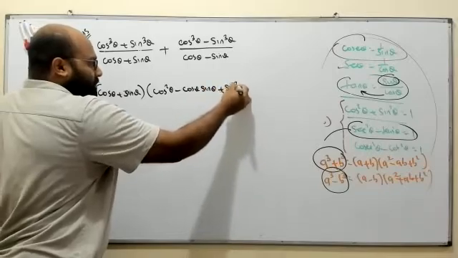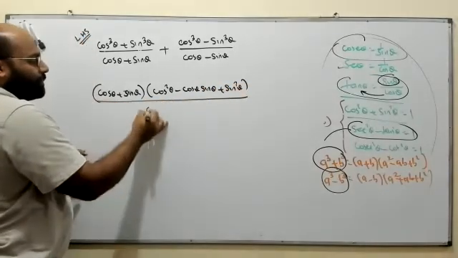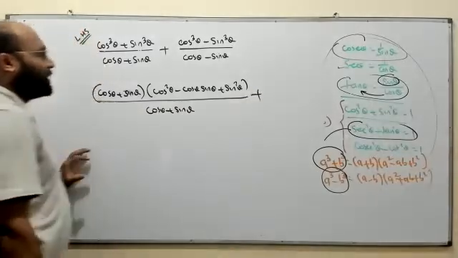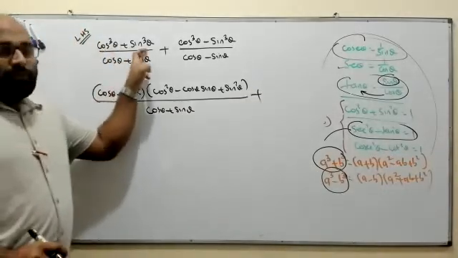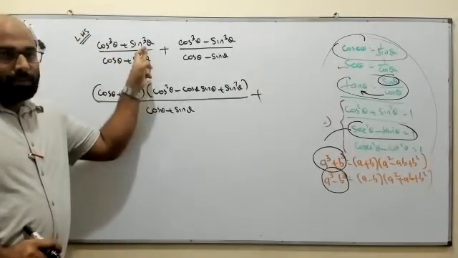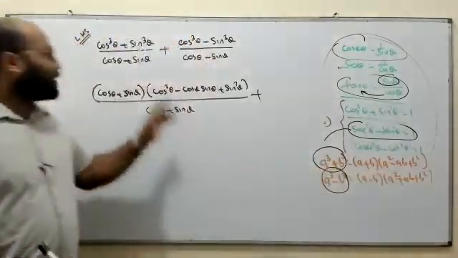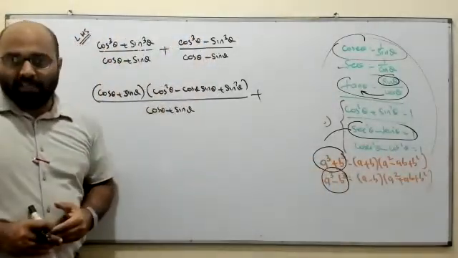Divided by cos theta plus sin theta, plus, again I repeat, the numerator is in the form of a cube plus b cube, and I have just given that result. Your a is cos theta and b is sin theta.